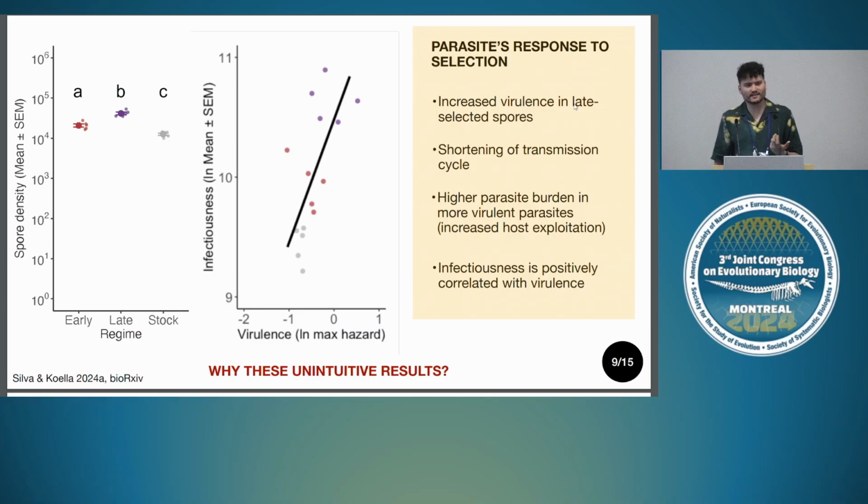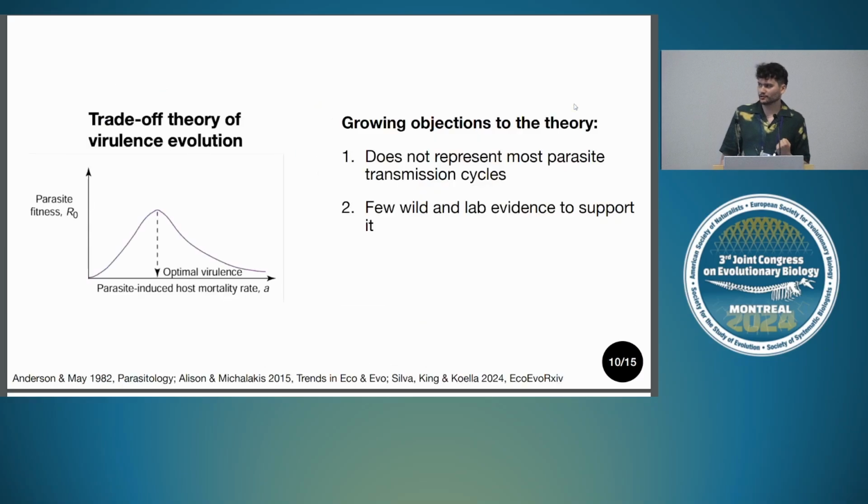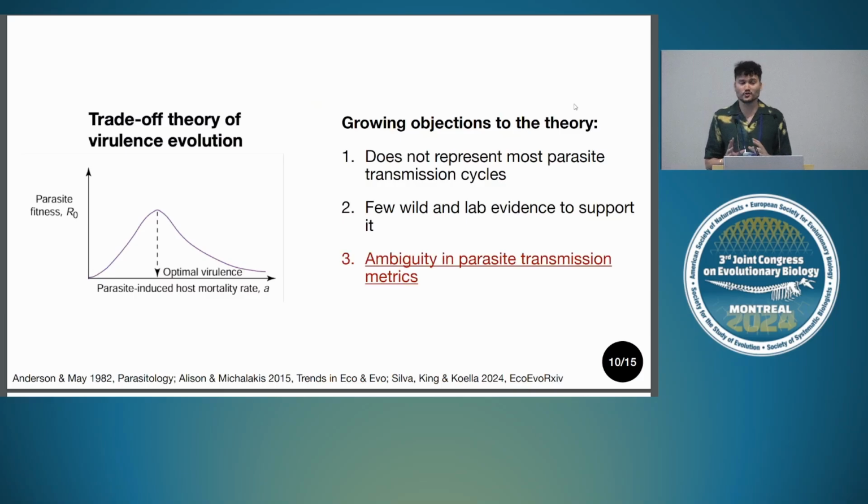So why these unintuitive results? We went back to the trade-off theory and started looking a bit into the literature, and we found that there's a huge ambiguity in what a parasite transmission is, because different people work on different steps of the infection process. Transmission can be transmission in the new host, transmission in the first host, or just survival between hosts.